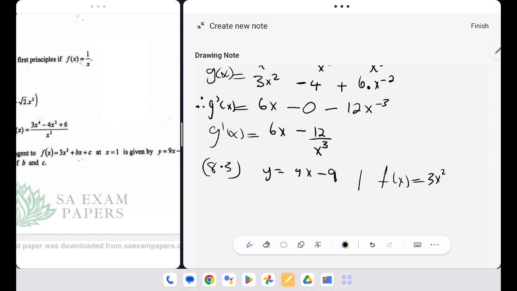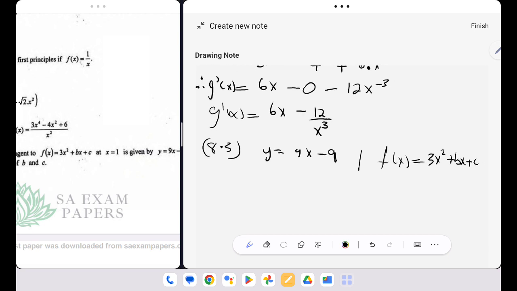Okay, I'm told that this line 9x minus 9 is a tangent to f of x only when x is equal to 1.